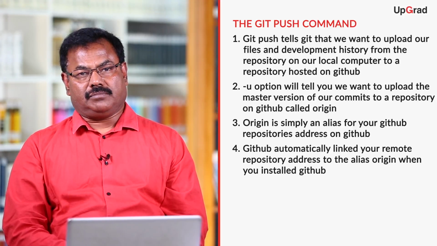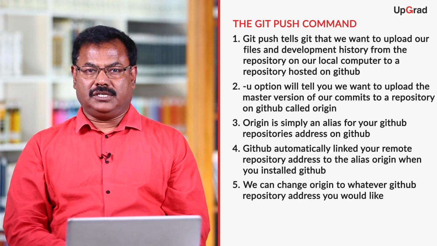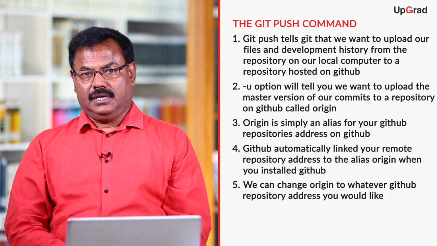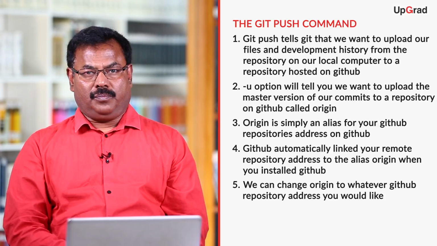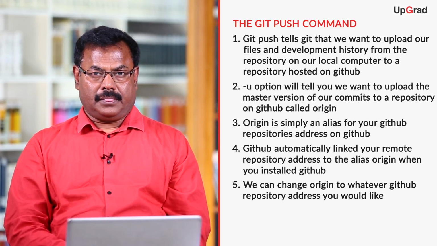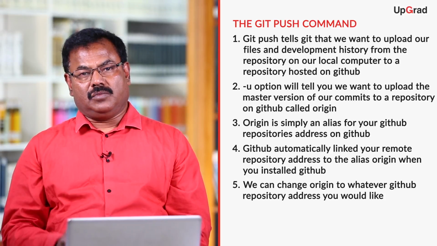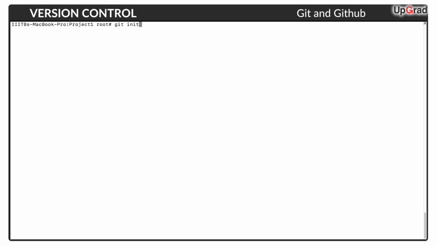You can change origin to whatever GitHub repository address you would like. We will explain about the master copy of your project and how to create more copies of your code later in the module. First we have to execute the git init command.